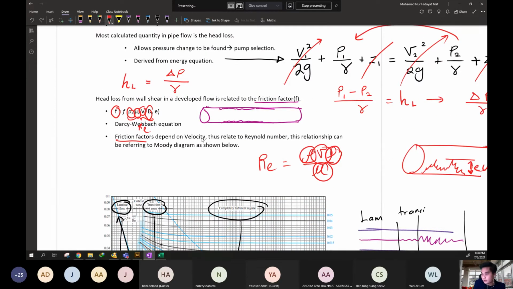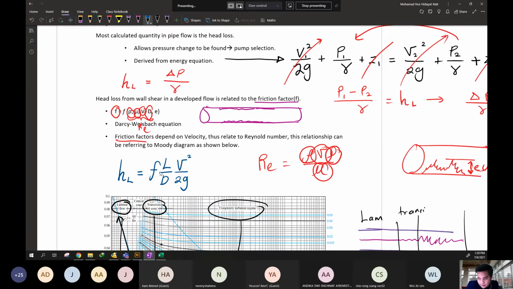Okay, this one. Based on this Darcy-Weisbach equation, we can form this formula. Head loss is equal to friction factor times L over D, times V squared over 2g.